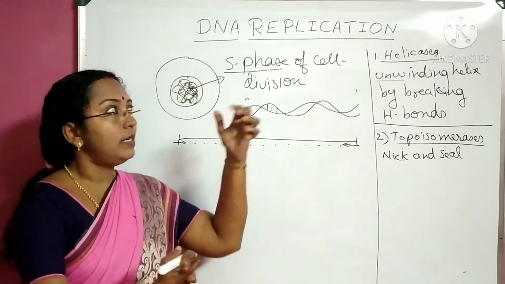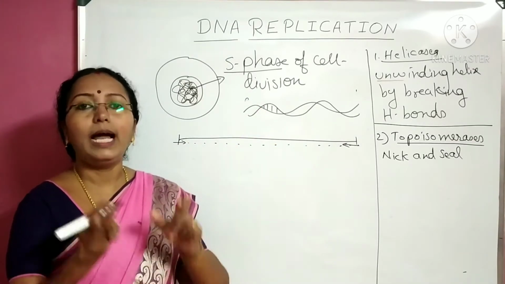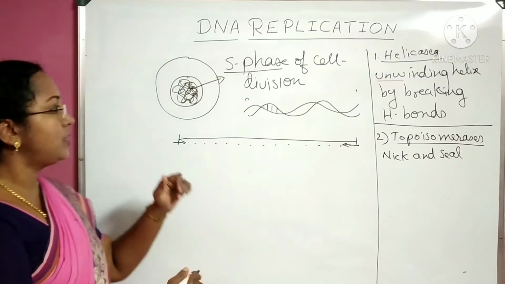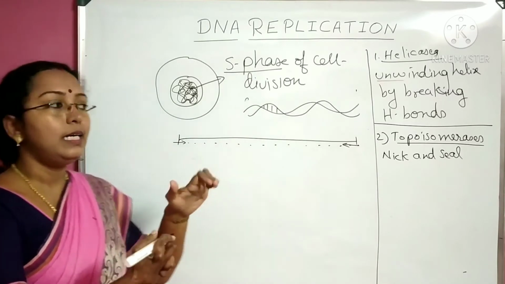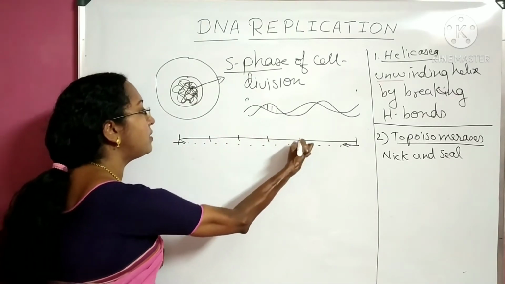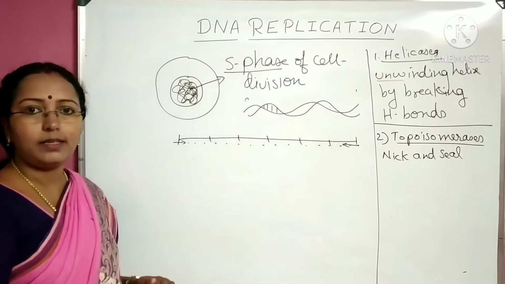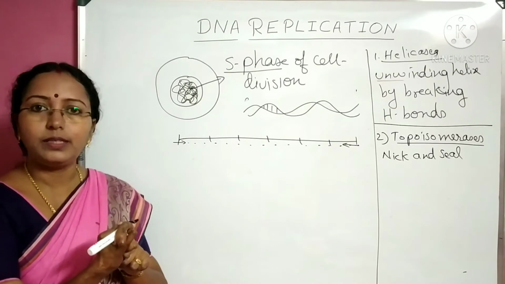So DNA replication has to take place at a much faster rate. And for that, DNA replication doesn't begin from one end or the other end, but it happens at different positions in eukaryotic DNA.